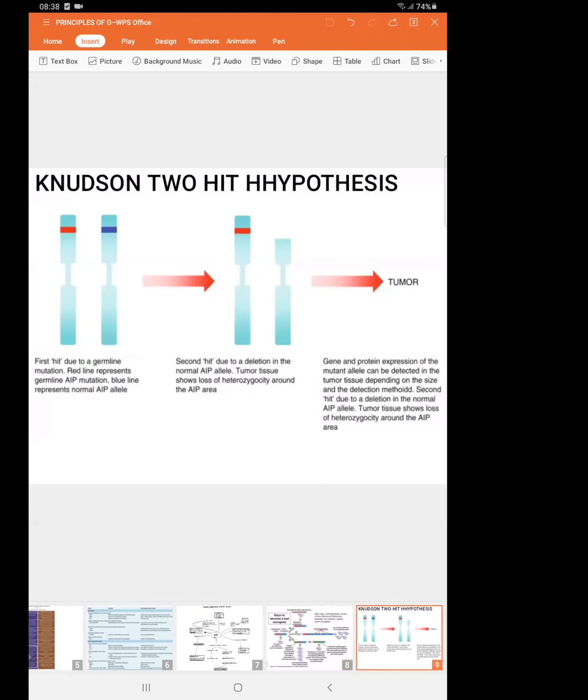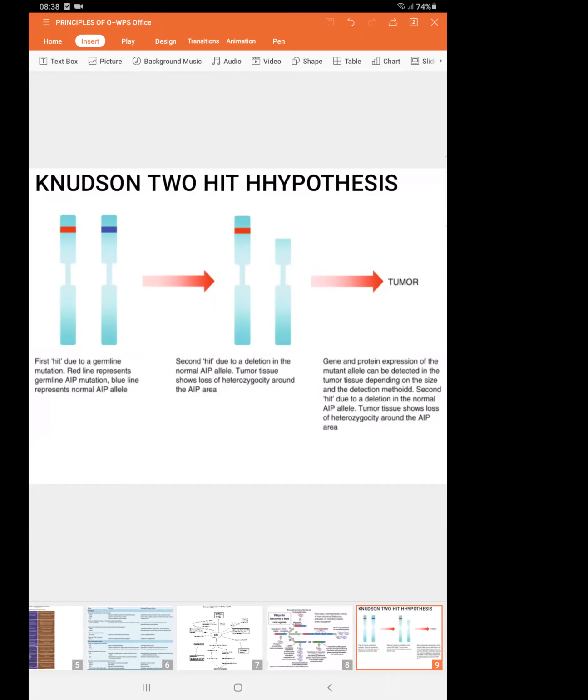In tumor suppressor genes, usually they have a recessive character, autosomal recessive, in which there is a two-hit hypothesis, where the first hit is due to a germline mutation which has been there from before, and then the second hit occurs during the lifespan, where there can be a deletion of the normal allele.